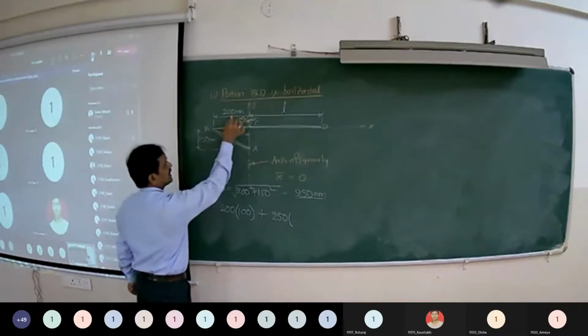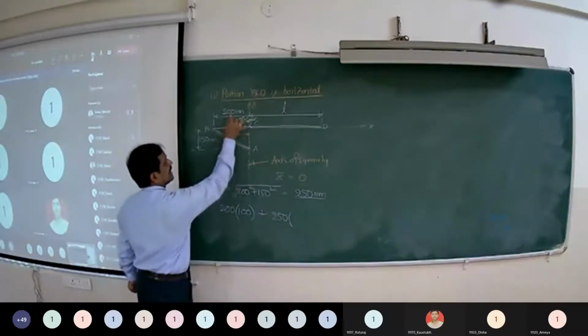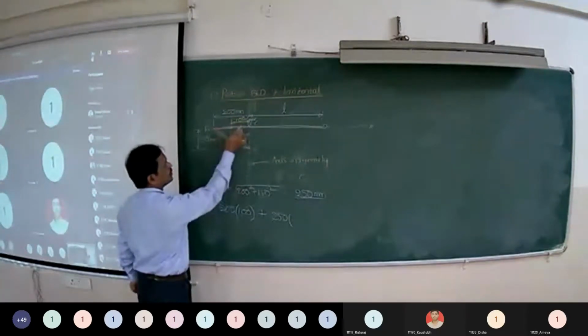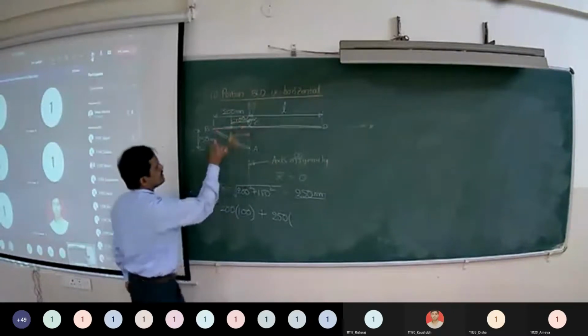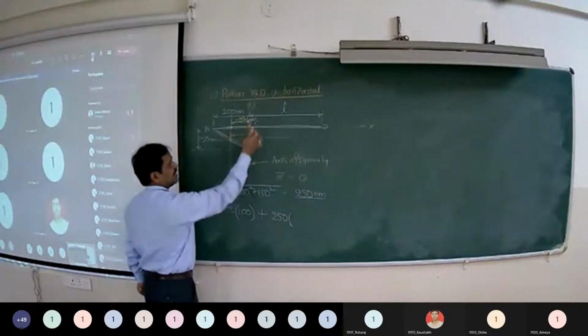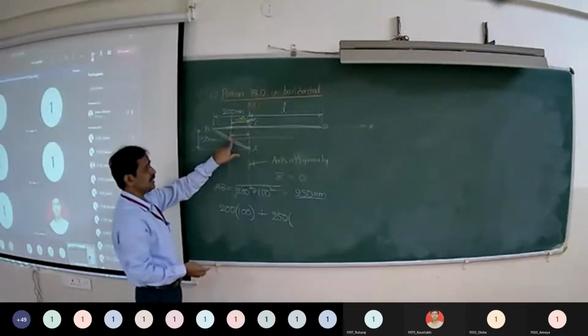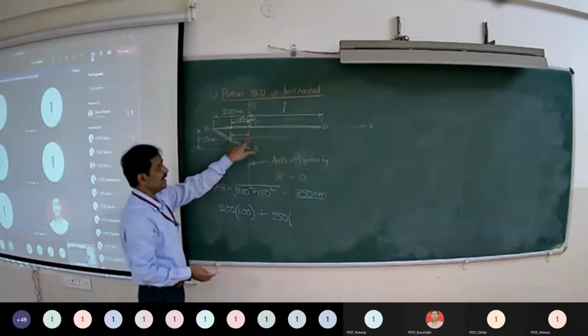So if you draw a vertical line passing through the midpoint of the hypotenuse, that vertical line will divide this side into two equal parts. Similarly, if you draw a horizontal line, that line will divide AC into two equal parts. But we want the distance of centroid from the vertical axis.